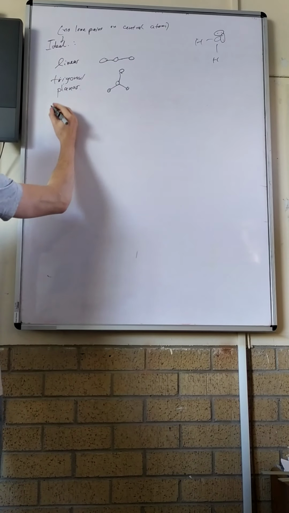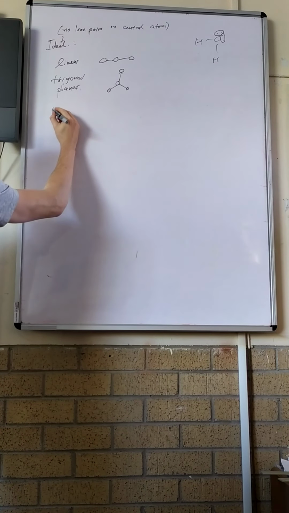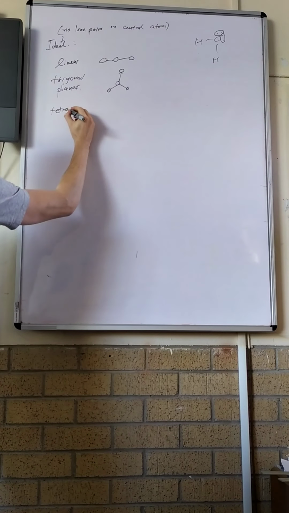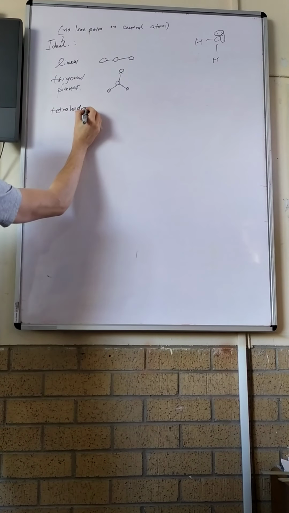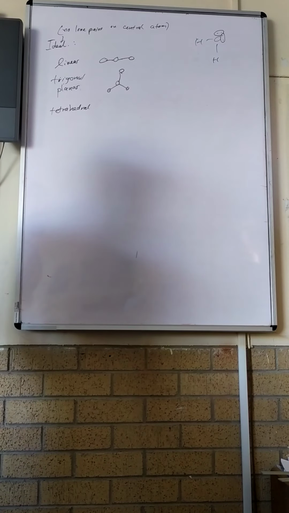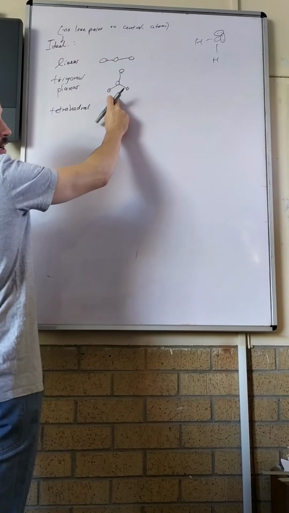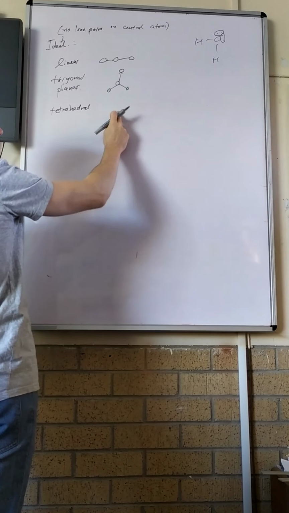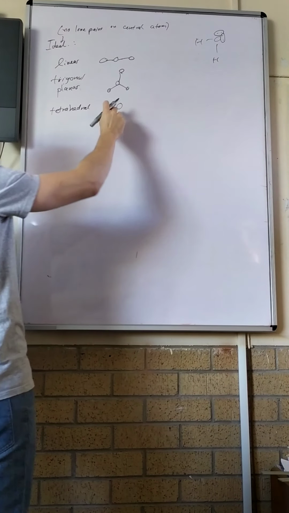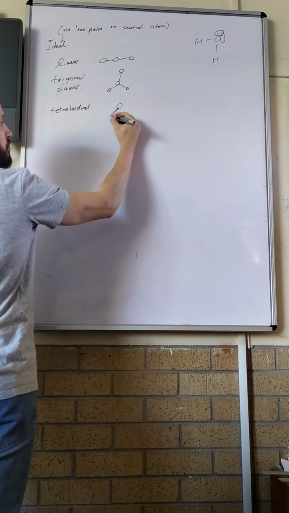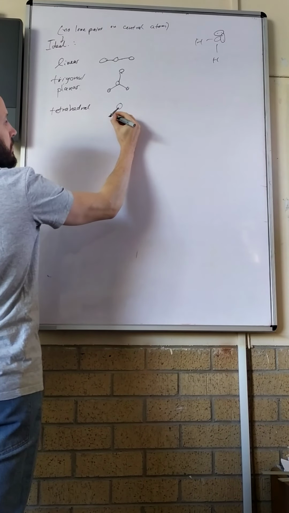Okay. Next ideal shape is tetrahedral. What does that look like? It looks a lot like this one. But you see, you've got one atom coming out the front, so use a fat line to represent an atom coming out the front.